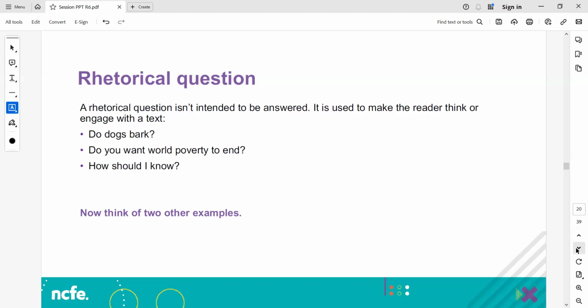But it's to make people think. How should I know? So we'll hear that a lot in speech. People don't really want an explanation of why they should know because they were already told many, many times, but they are using that for effect to say that they shouldn't be expected to know.